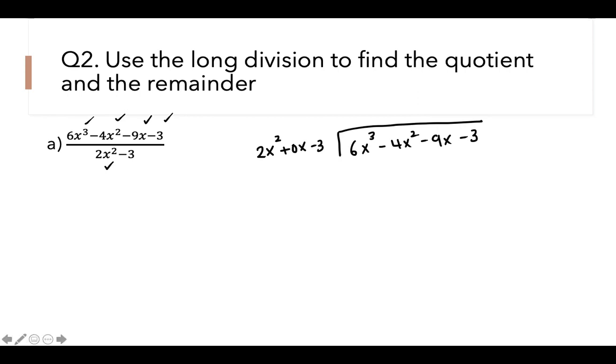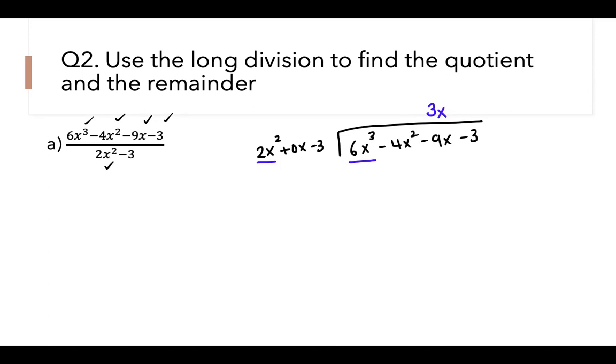So let's try this. First thing, look at the degree. So 6x cubed and 2x squared. So 6x cubed divided by 2x squared will give me, in terms of coefficient, 3x. Now you're going to align it where the degree of x is, over here. So I'm going to write 3x.